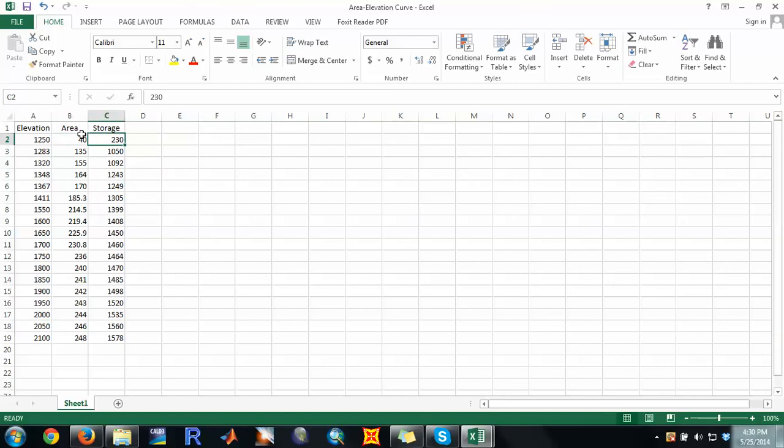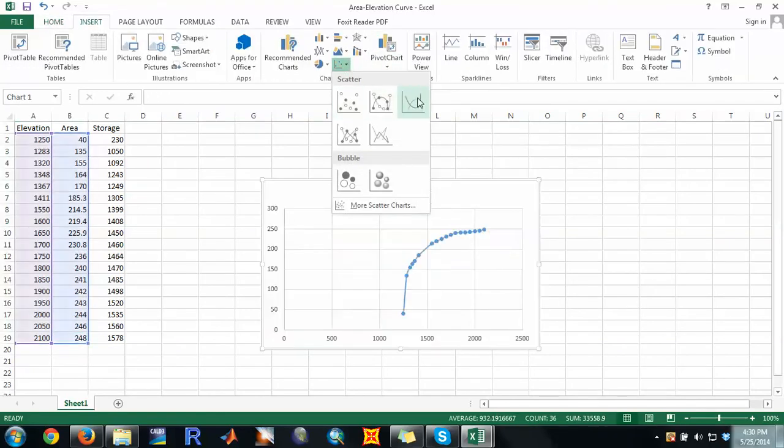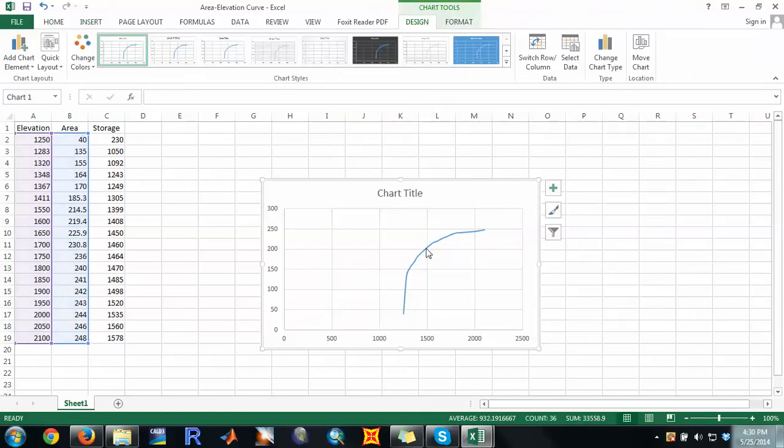So if you want to draw the area elevation curve, we can simply read your volume and area with respect to certain elevations. You can first draw your elevation as x, and your area as y. This is the first one. So plot this curve. This is what you have, and add another data series over here.